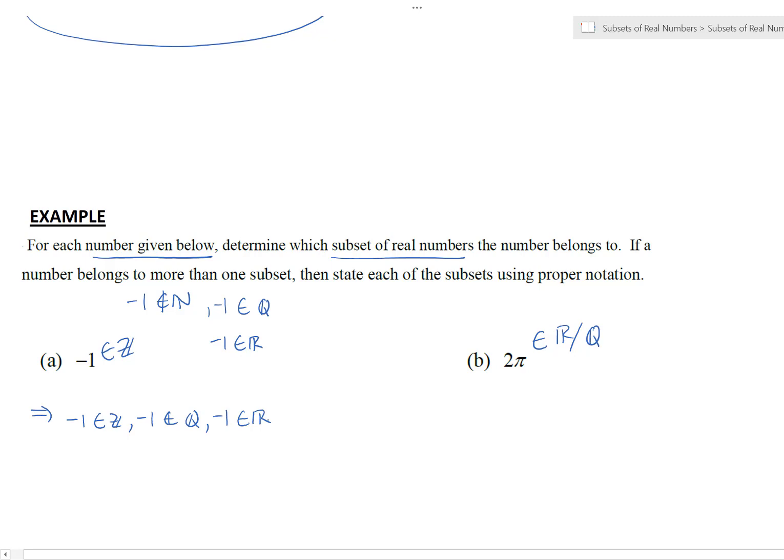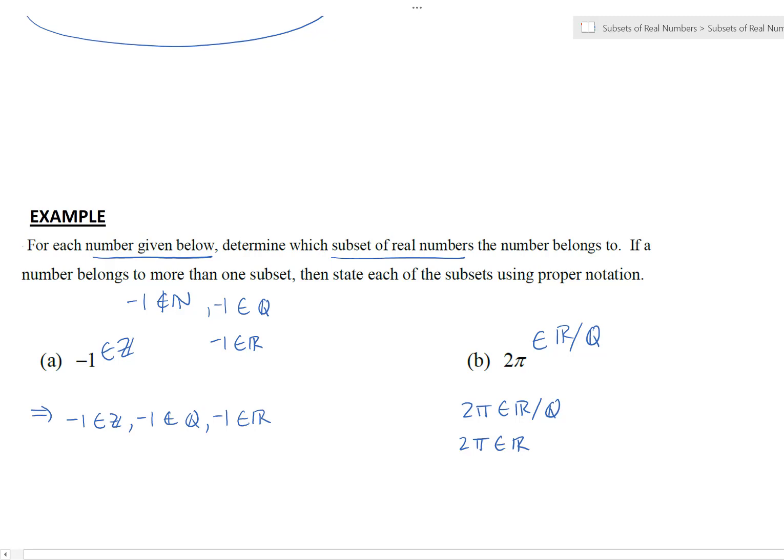Now we were asked which subsets of reals, but remember, a set is always a subset of itself because it's equal to itself. So -1 is also in the reals. And then on the right, part B here, 2 pi, like we already wrote, is irrational, and it's also real.